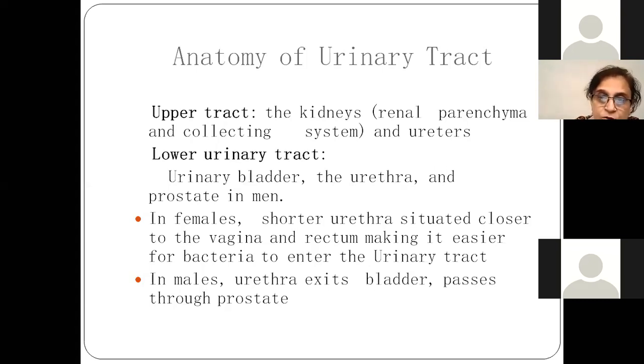But in older individuals, once there's hypertrophy of the prostate, there's decreased emptying of the bladder, and there's stasis of the urine. Because of that, they are predisposed to urinary tract infection. So the anatomy of the urinary tract plays a very important role in the pathogenesis of infection.